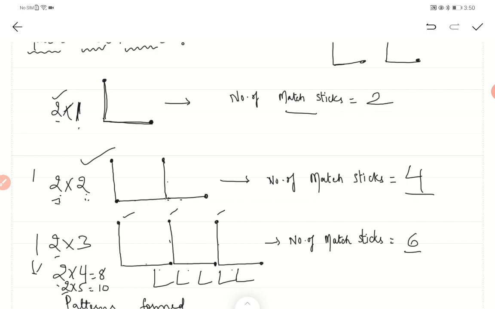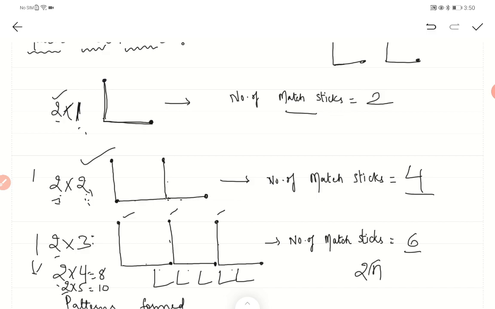Now the number of L's is increasing: 1, 2, 3, 4, 5, 6 and so on. So how many matchsticks do you want to make different numbers of L's? In common I will take 2n, isn't it? I can write this.